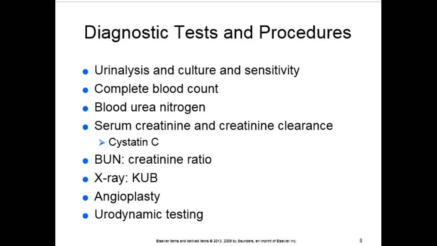Make sure they're not allergic to iodine or shellfish, things like that. And then they just have a basic X-ray done, determining where the contrast is located. And as I said, it will help to detect if there are any structural defects or kidney stones.